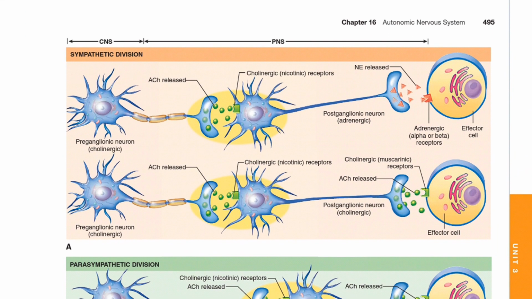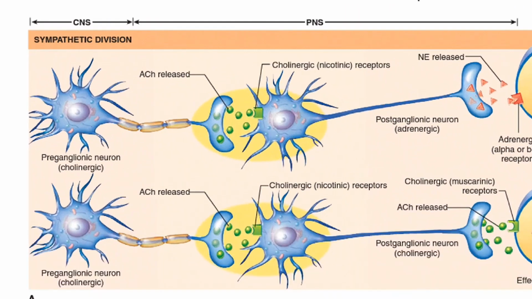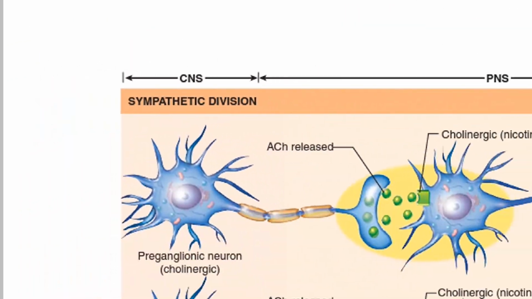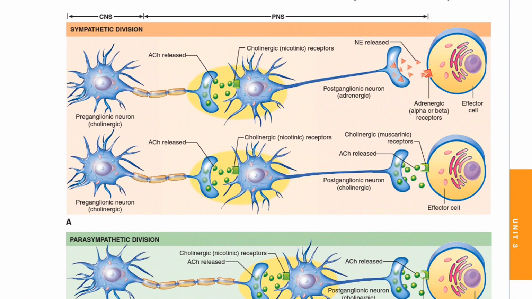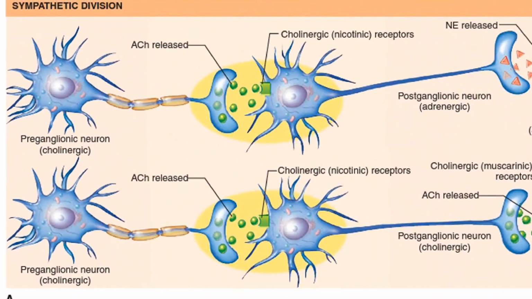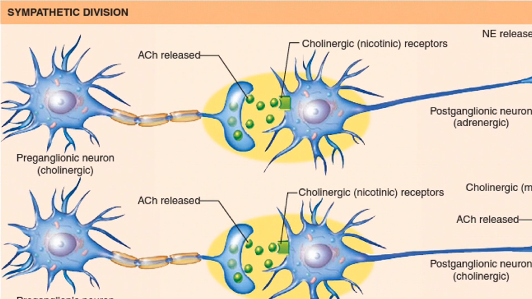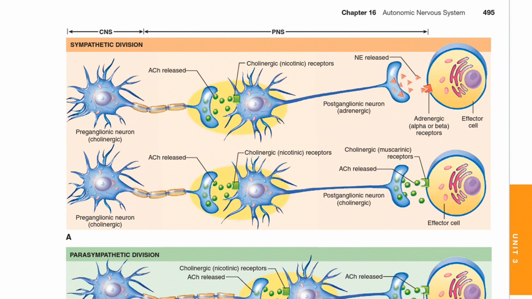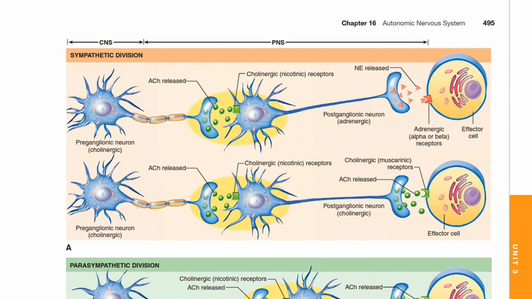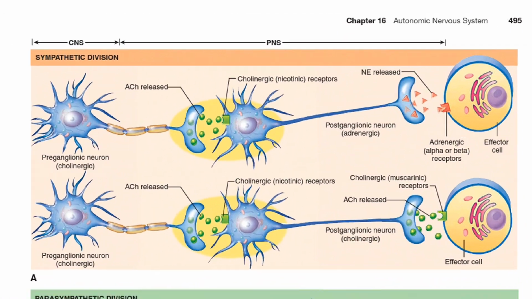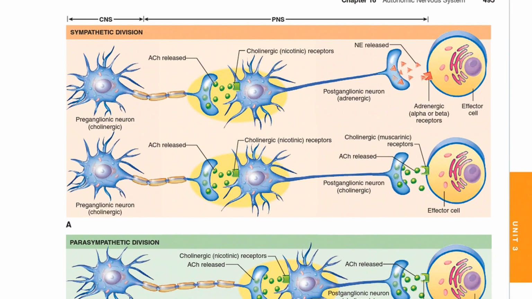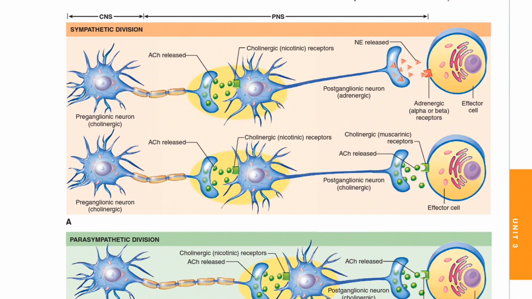Then in this figure, see the CNS, see where the somas are present. The somas are present in the brain or spinal cord. Then the fibers merge with the nerves, either the cranial or the spinal nerve, that means the PNS. And you see the neurotransmitters and receptors.